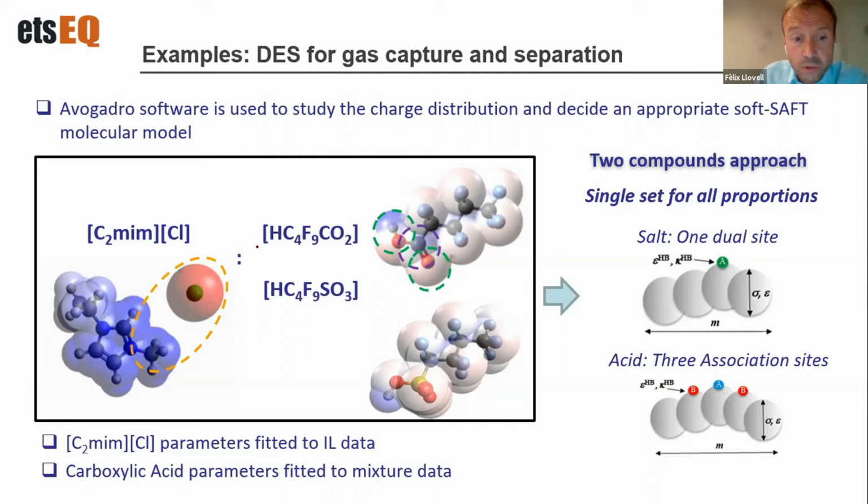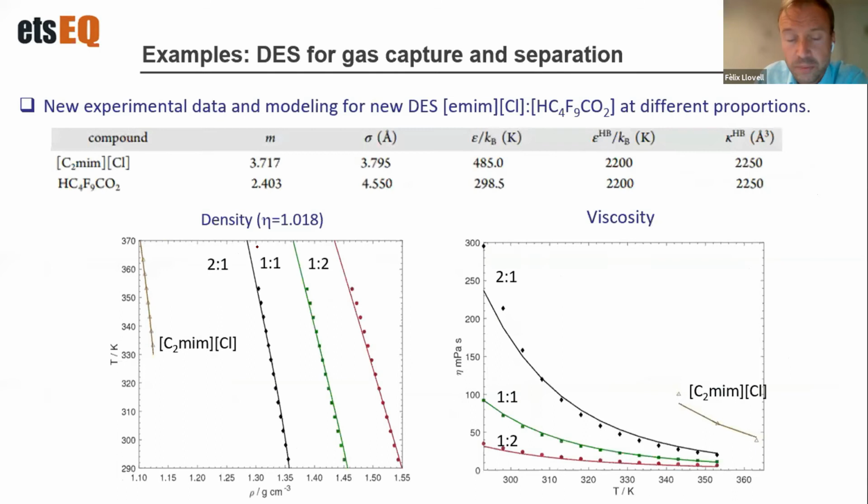The results were fitted to mixture data of deep eutectic solvents. Here we can see the results of a deep eutectic solvent based on amine chloride with M-perfluoropentanoic acid.